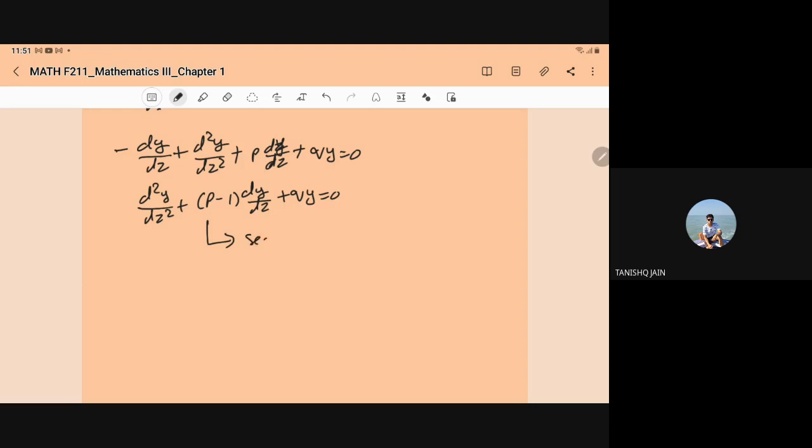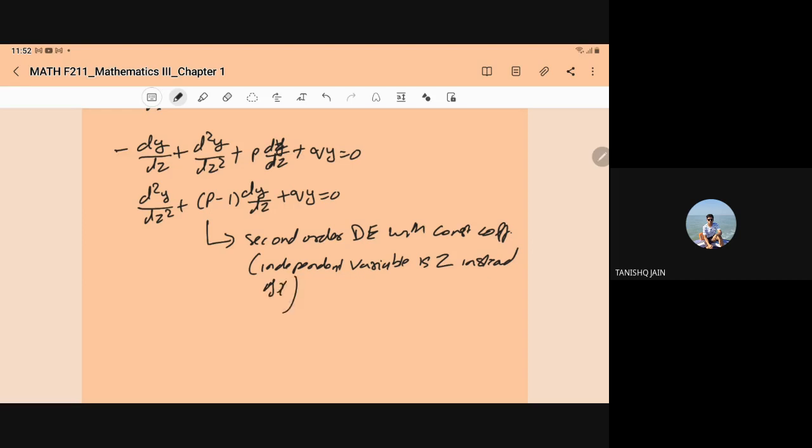So it is a second order differential equation with constant coefficient, and the independent variable is z instead of x.